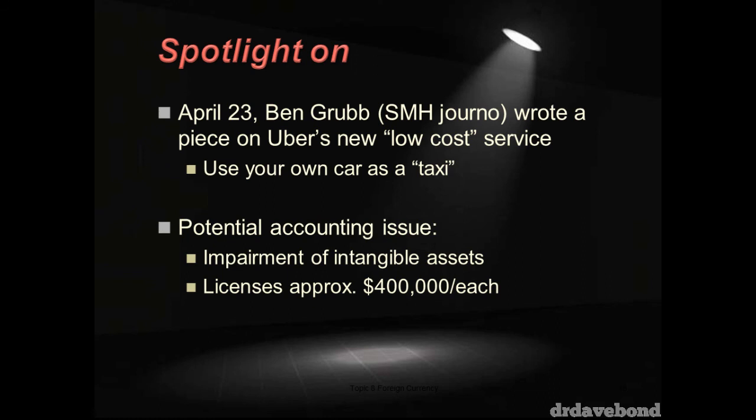If that happens, the value of a taxi license, the benefit from having it, will decrease. The fact that this service comes into effect may not in itself be an indication of impairment, but if it takes hold and fewer people start using taxis, that may be an indication of impairment, and you'd have to start looking at the value of those assets.